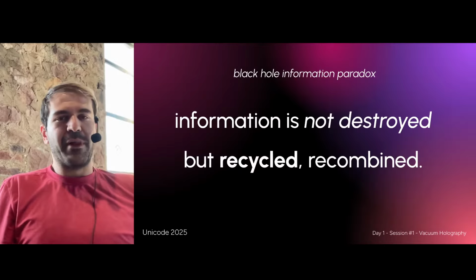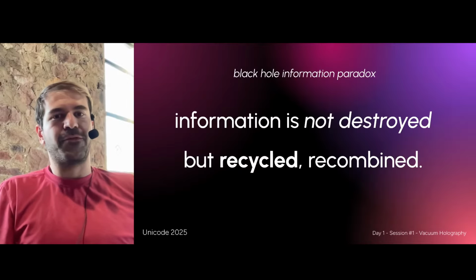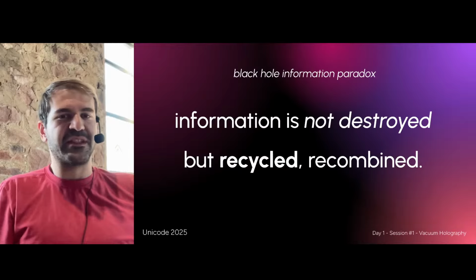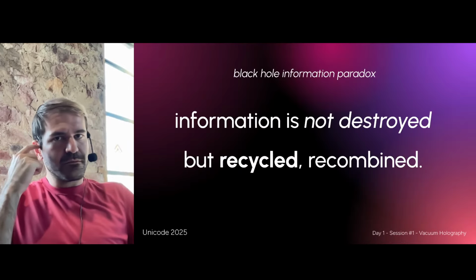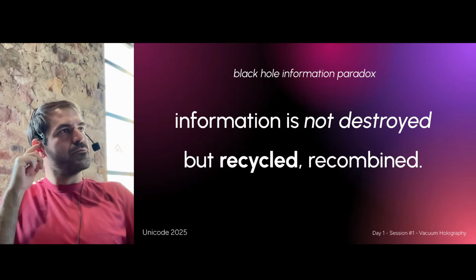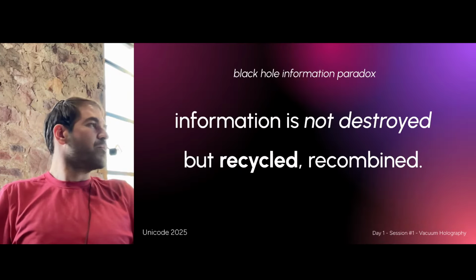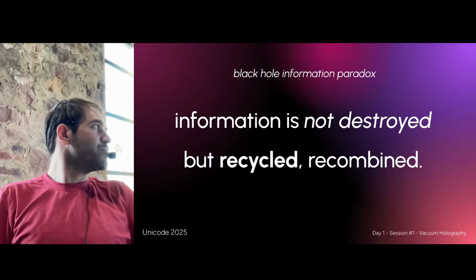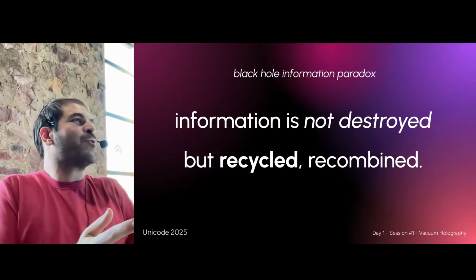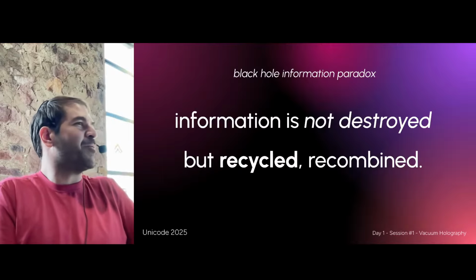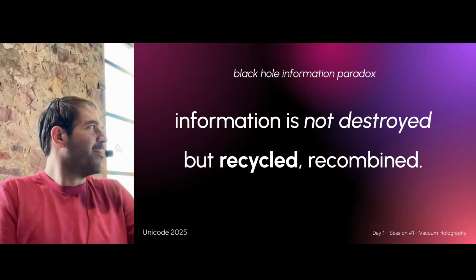This one's easy. The black hole information paradox: information is not destroyed, but it's recycled, it's recombined. What is the black hole information paradox? Well, the whole paradox is framed from the perspective of being outside of the black hole.